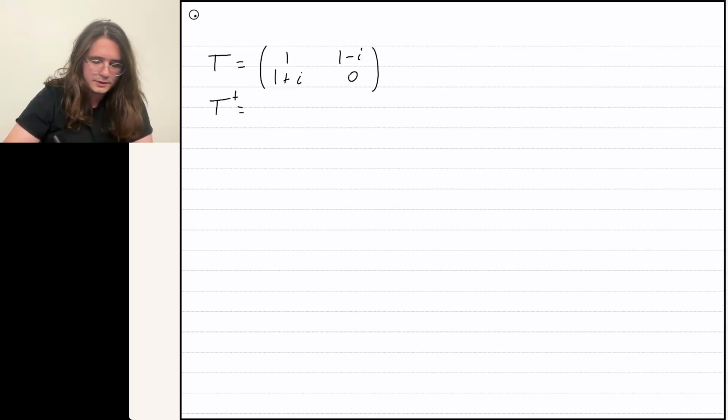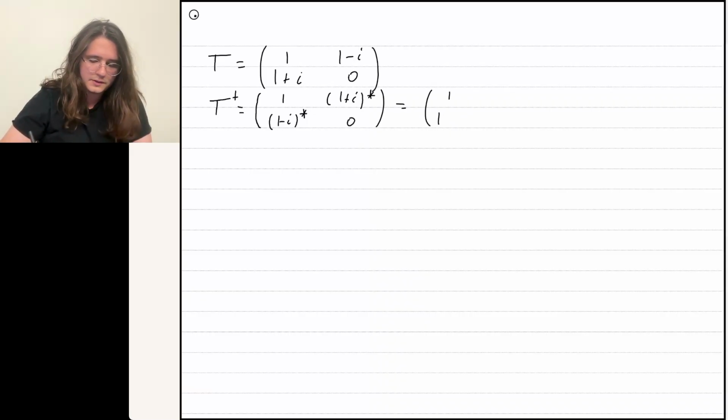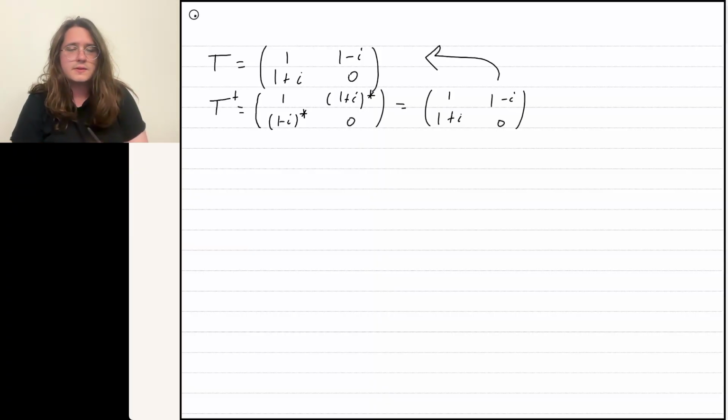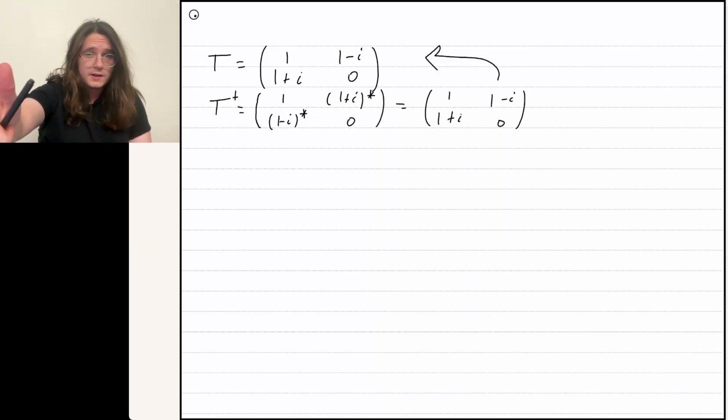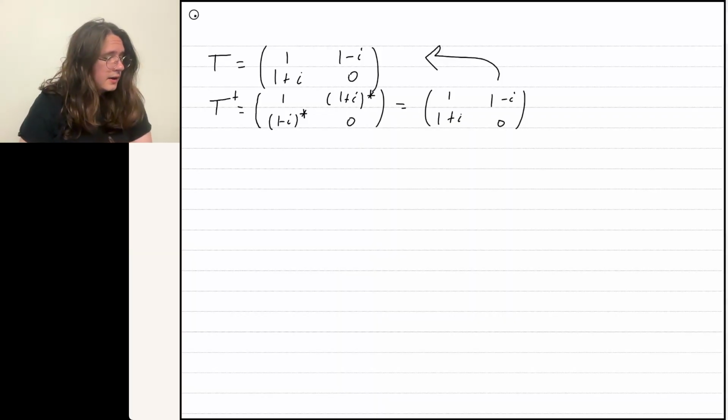So what I'm going to do is take the transpose of it first of all, but write all of the elements that have complex values as complex conjugates of said values, and then actually apply those complex conjugates. This is going to be 1 plus i down here, 1 minus i down here, and 0. Hey, look, it's the exact same as the matrix that we were given. So, is Hermitian? We can keep going.